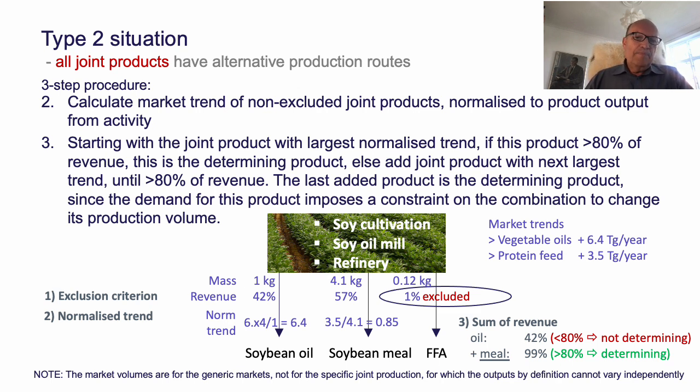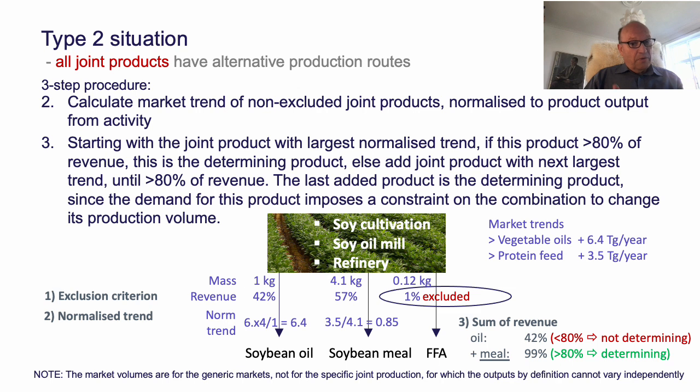And what is important to notice when we're talking about these normalized market trends is that the market volumes are for the generic markets. So not soybean oil market, but vegetable oil market generically, not soybean meal market, but protein feed market generically.